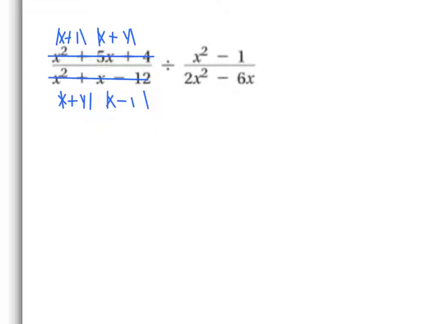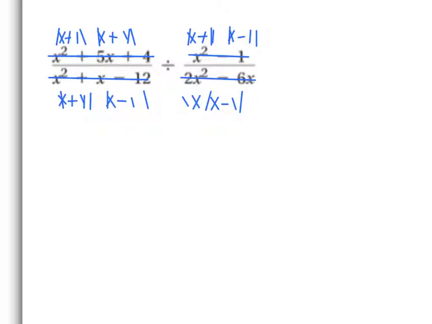I need to factor x squared minus 1. X plus 1, x minus 1. And I need to factor 2x squared minus 6x. Okay, so I have factored all those pieces.